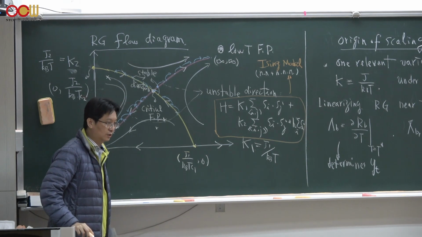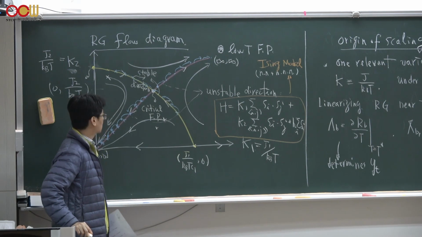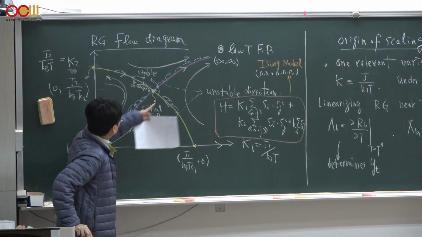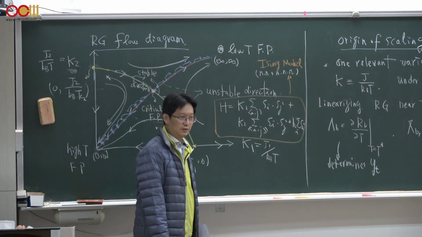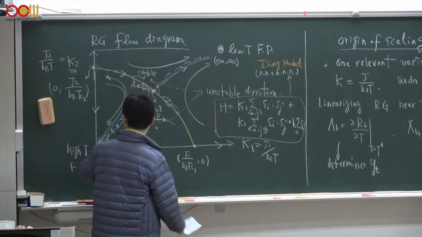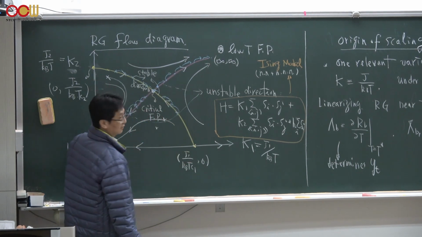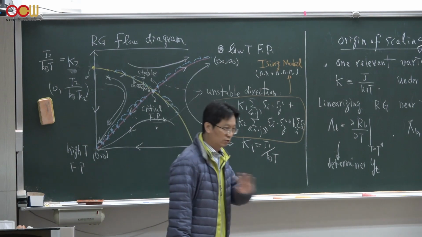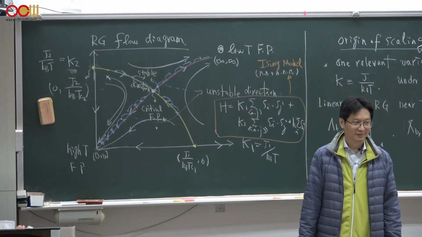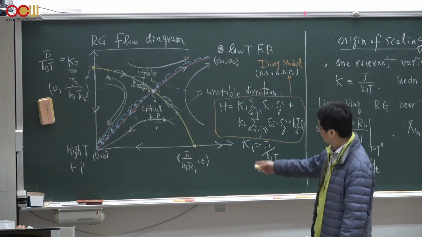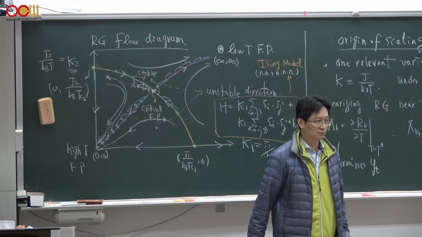So I can be anywhere in the phase diagram, do this RG transformation, and end up at only five possible places: 1, 2, 3, 4, 5 fixed points. No more solutions and no more places to hide. So after an infinite number of iterations, I can only end up at one of these five fixed points.